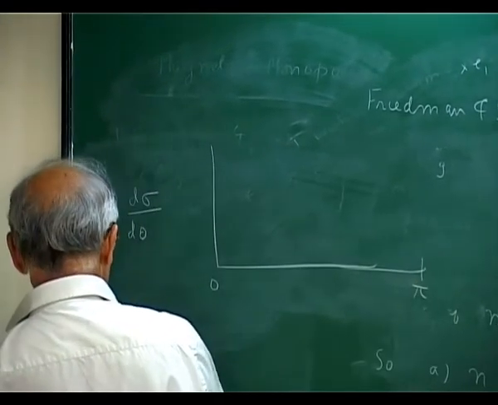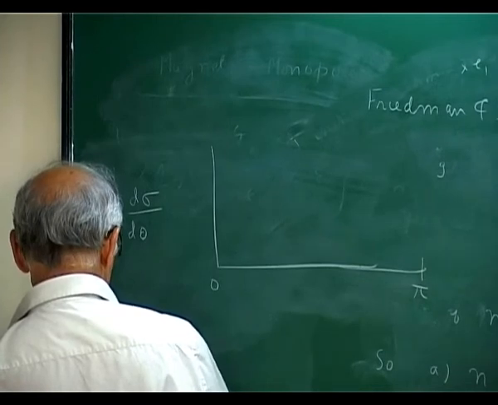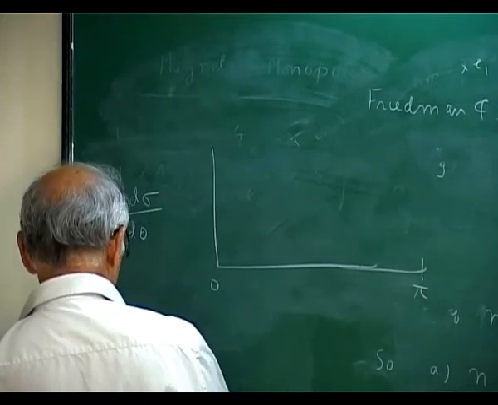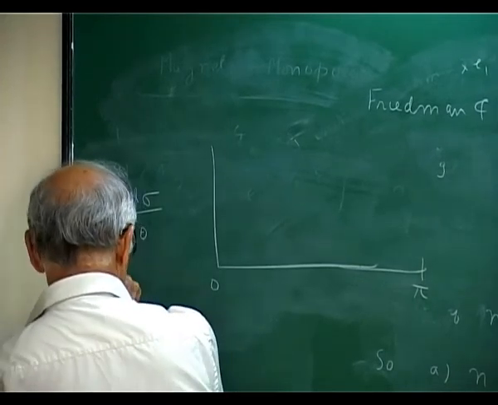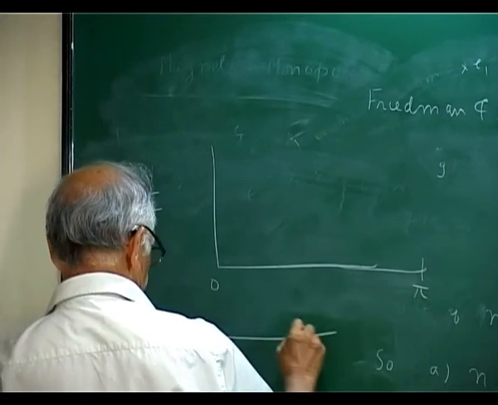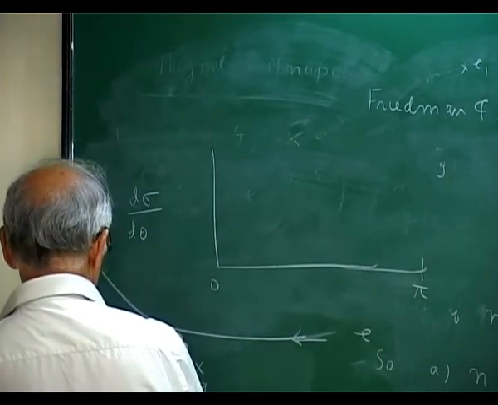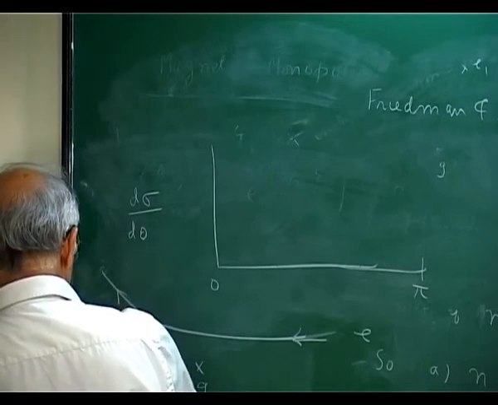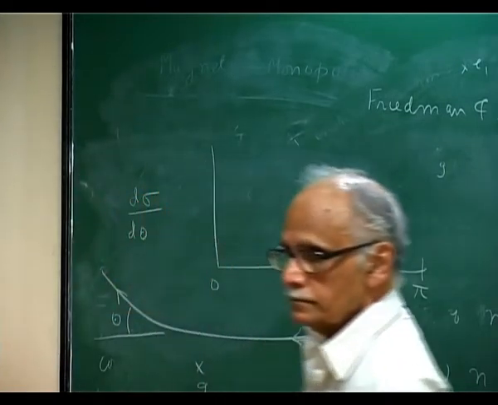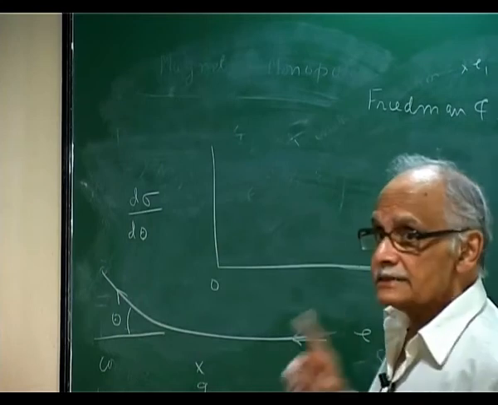Theta is the scattering angle. I have a monopole here, and the electron is coming like this and going like this. Now this cross section is very remarkable.